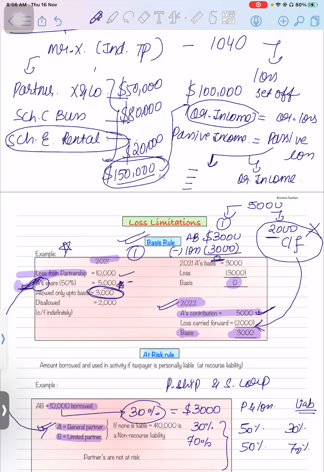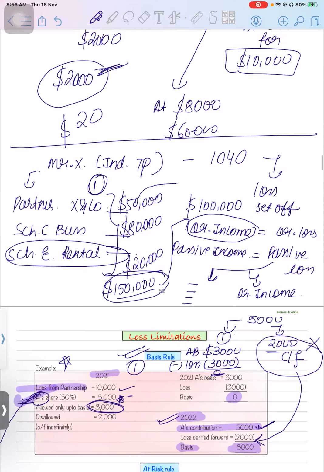First preference will be given to the partnership firm. This 50,000 can straight away be reduced from this 1 lakh, but there is an internal limit. This 50,000 will be limited only up to Mr. X's basis in the partnership, and second, the at-risk rule in the partnership, and the remaining will not be allowed.